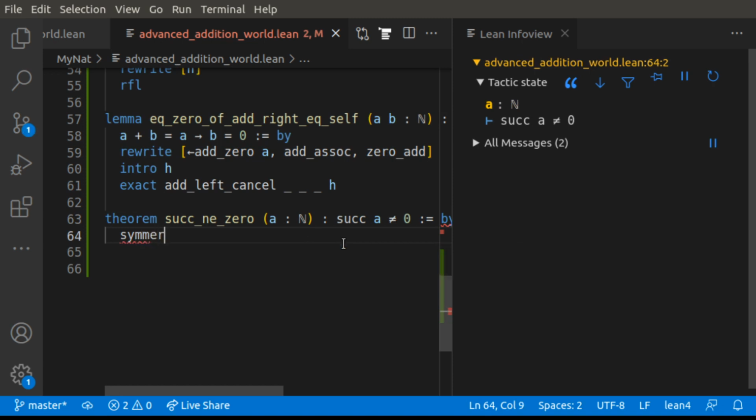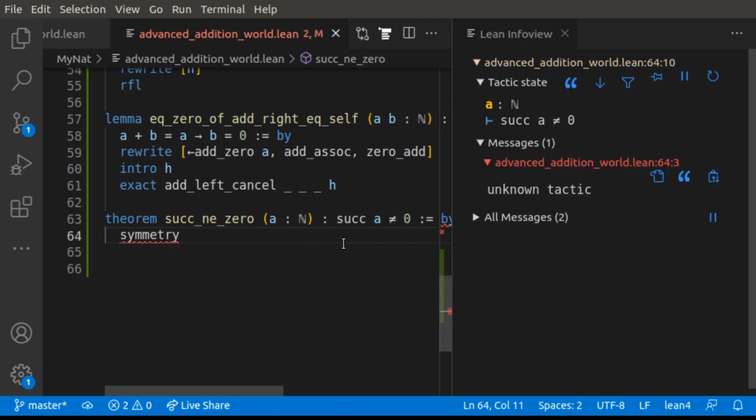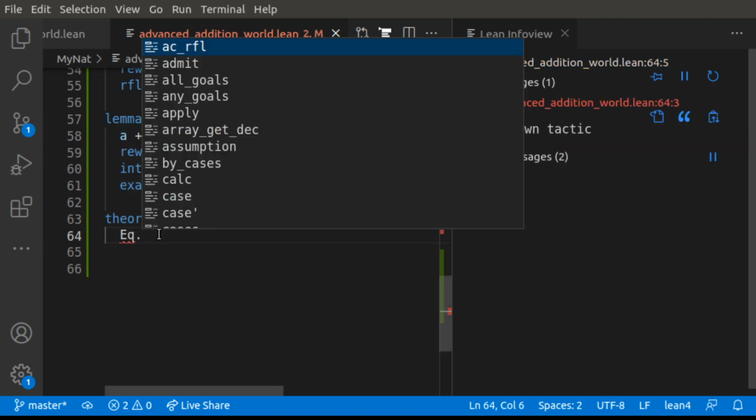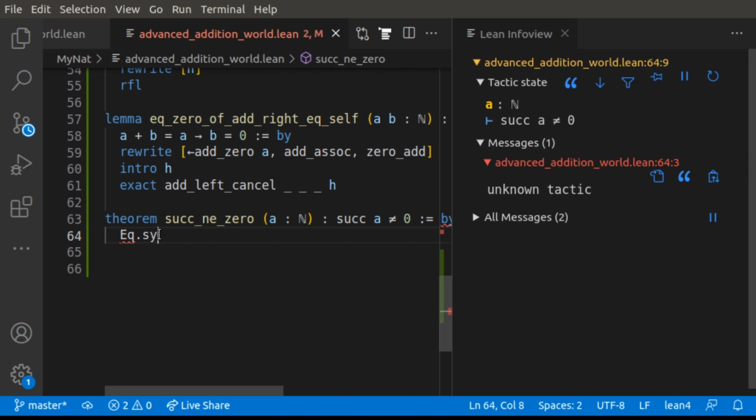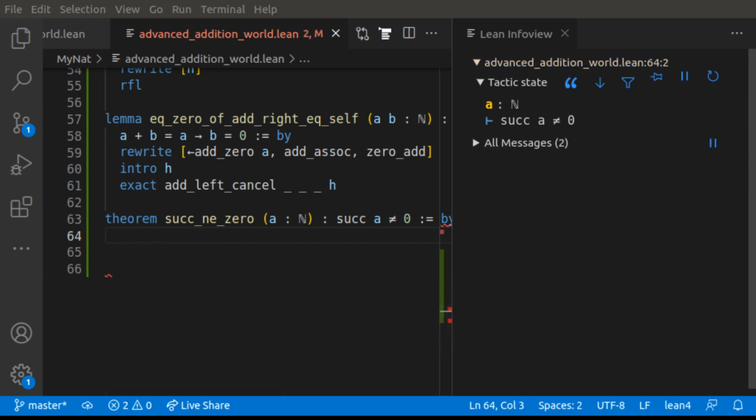Apparently there's a symmetry. The symmetry tactic in lane 3 will turn any goal of the form R x y into R y x if R is a symmetric binary relationship, for example equal or not zero. Well, I don't know if we have that. Symmetry. Okay, well, I don't know if there's a symmetry in lane 4.